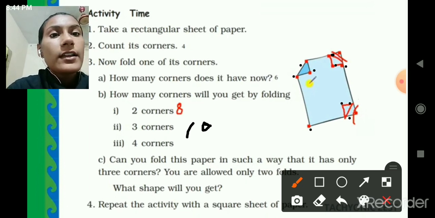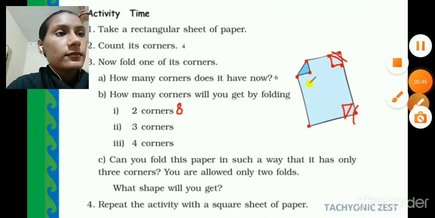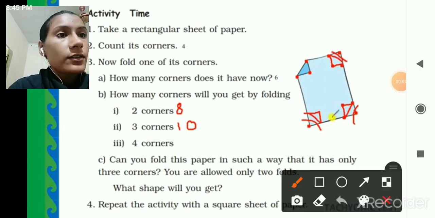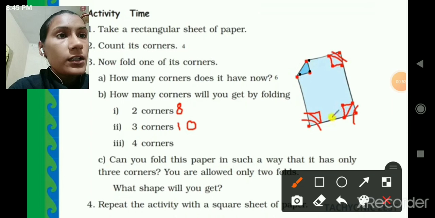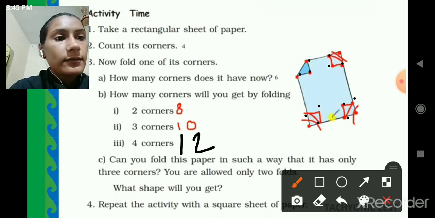Then if we fold 4 corners, let's count: 1, 2, 3, 4, 5, 6, 7, 8, 9, 10, 11 and 12. So 12 corners.